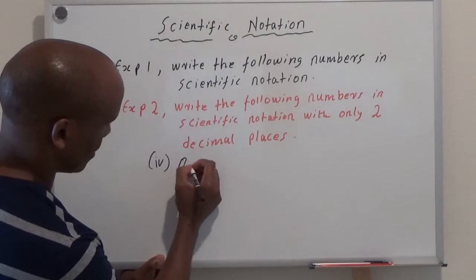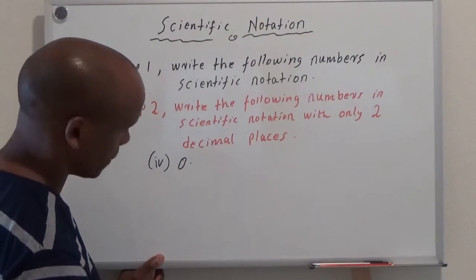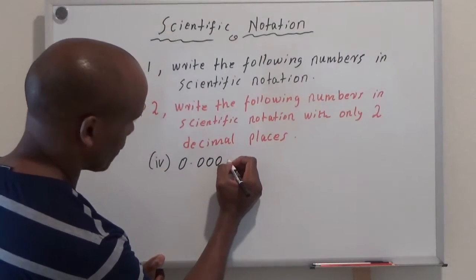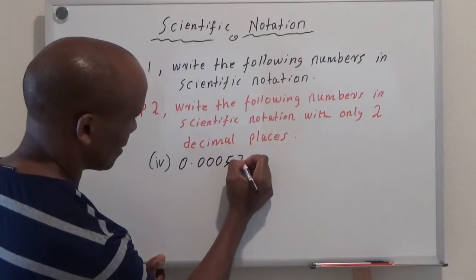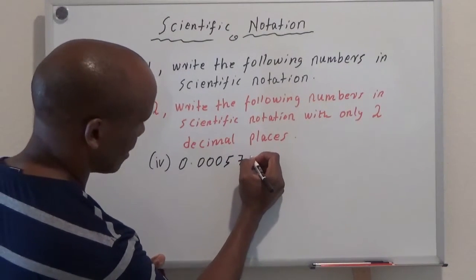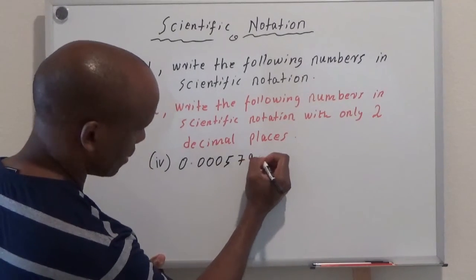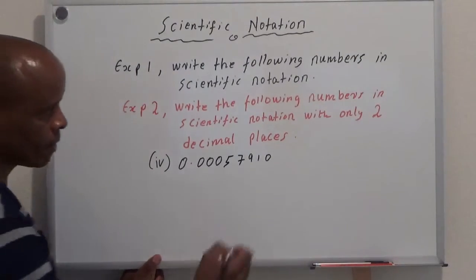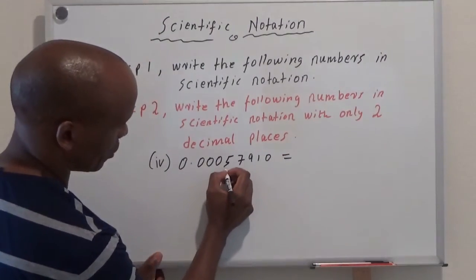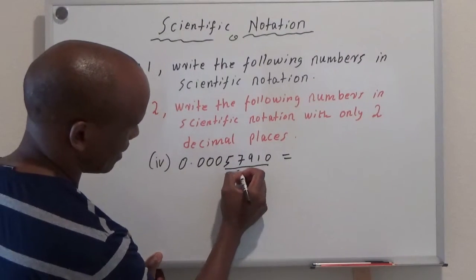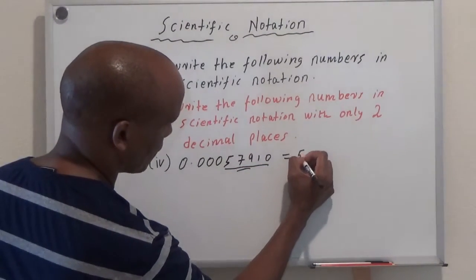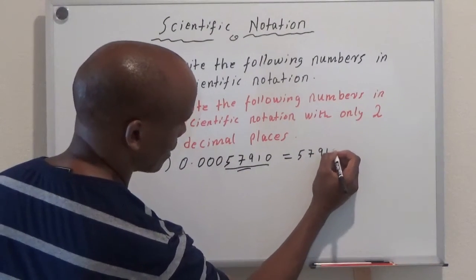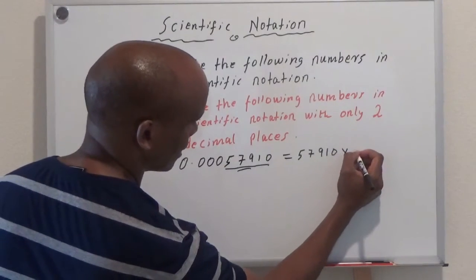Right, 0.00057910. I'll do the same. First of all, I write this number as 57910 times 10.